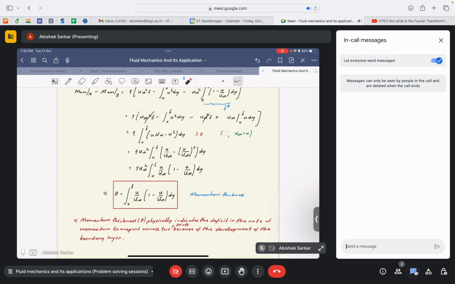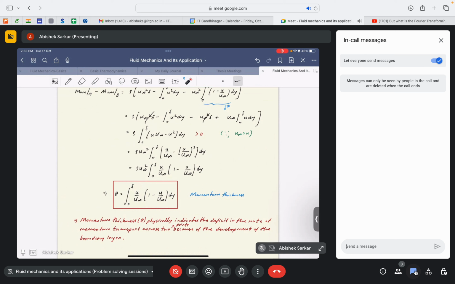Not only in objective type questions, even in subjective type questions, if you are asked to derive the momentum thickness and you don't recall the expression, you may derive the right velocity profile and end up calculating the displacement thickness instead of momentum thickness. It might also happen. So that's why, just so that you can recapitulate and hopefully retain these expressions throughout your life.